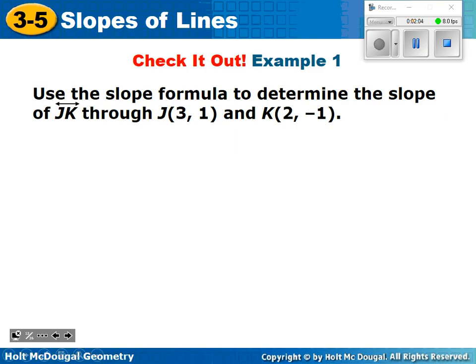Okay, so here's an example where they don't give you a picture and they want you to find the slope. So go ahead and calculate the slope using the formula. So instead of drawing a graph, use your y2 minus y1 over x2 minus x1. Tell me what you get.